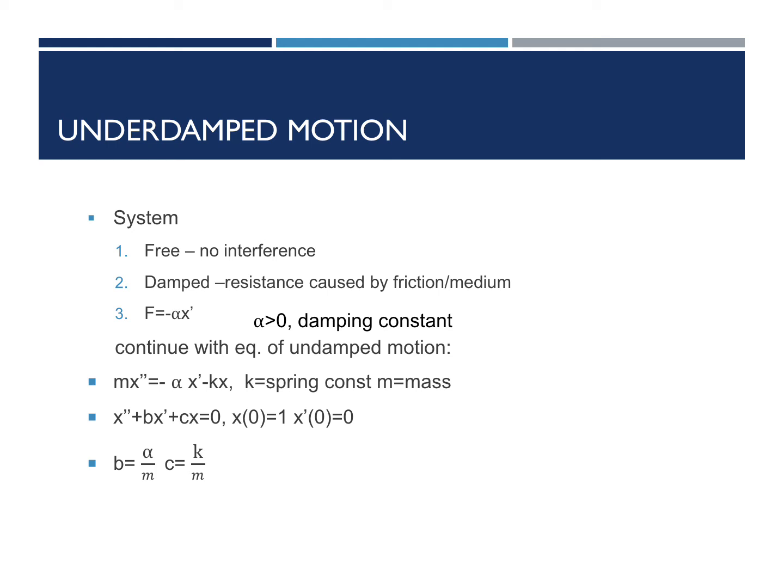If we move the left-hand side of the equation to the right-hand side and divide by m, we can get x double prime plus b x prime plus c x equals 0, with x of 0 equals 1 and x prime of 0 equals 0, where b equals alpha over m and c equals k over m.